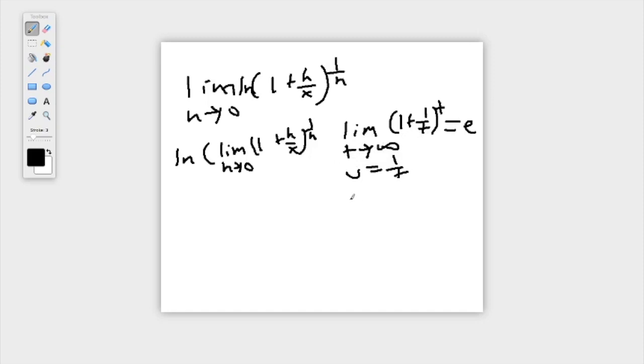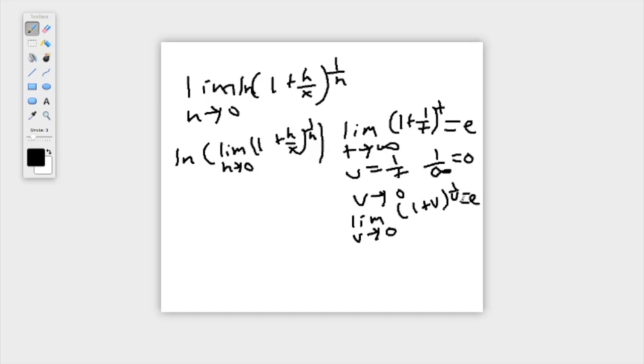So using this substitution, as t approaches infinity, u approaches 0 because 1 over infinity is just 0. So using our substitutions, we get the limit as u approaches 0, of 1 plus u to the 1 over u, is e. And this is actually really similar to the limit we have right here.